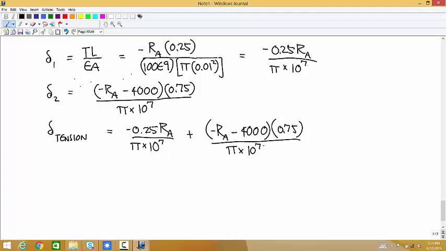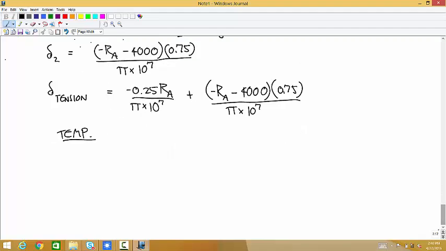So that's the elongation due to the internal tension, and now we have to figure out the elongation due to the change in temperature. So delta due to the temperature change is equal to the coefficient of thermal expansion times the length times the change in temperature.